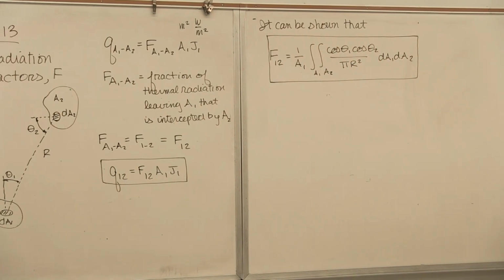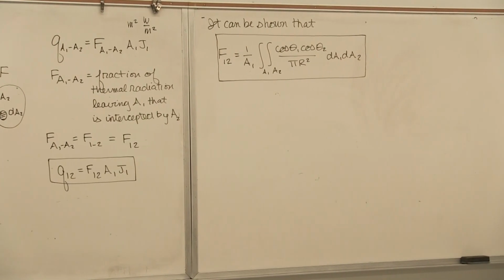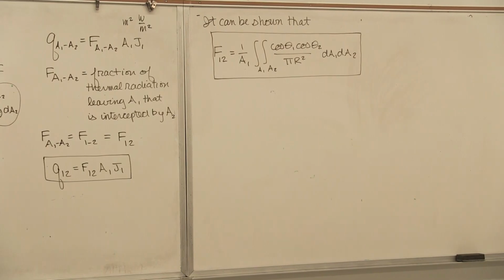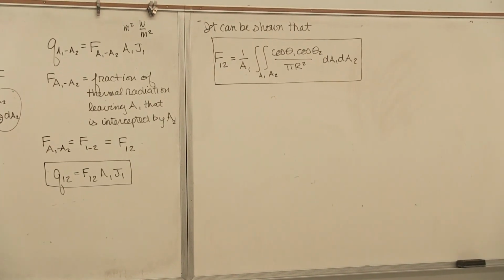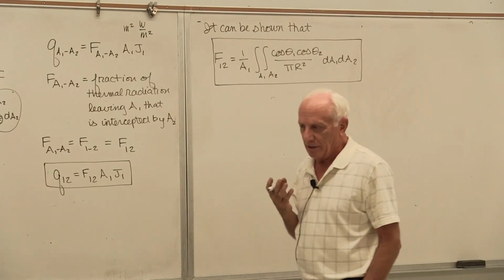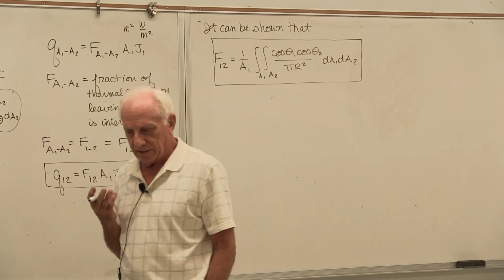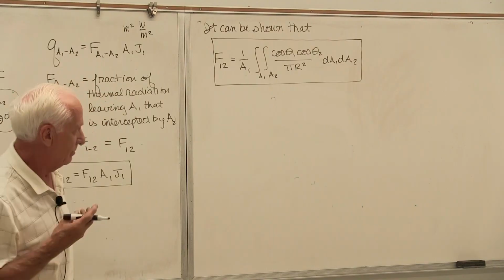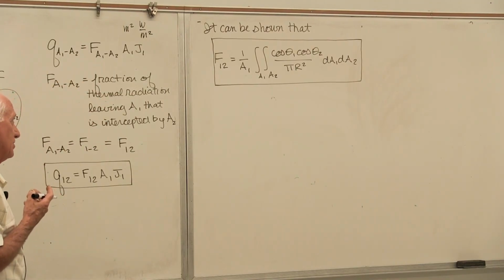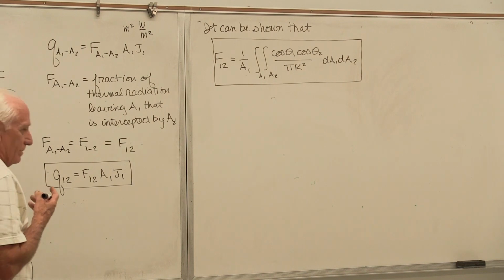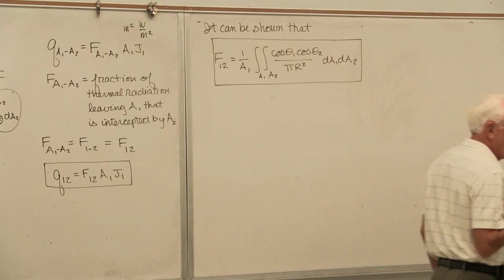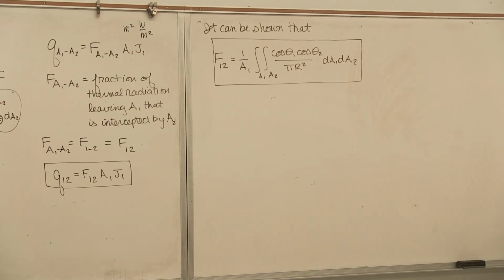It's derived in the textbook, in a whole page of the textbook. We're not going to spend the time to derive that. That's the result of the derivation. You can see that it's only a function of geometry: the distance r, cosine theta 1 and cosine theta 2, dA1 and dA2. The view factor F12 is sometimes called the geometric factor because of that reason.